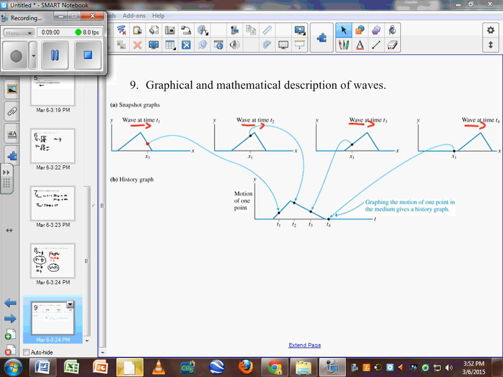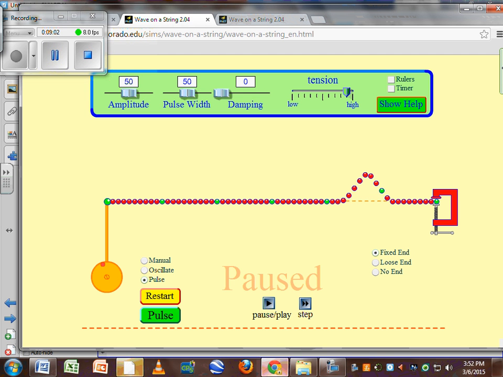So if you look at our previous example and we restart it, we send a pulse, these beads, this particular bead doesn't travel left to right. It actually travels up and down, and it travels in simple harmonic motion. So this bead moves up and then down. If you go step by step, you can see that bead now is down here, that same bead, so it vibrated up and down. That one bead doesn't go from left to right, it moves up and down.